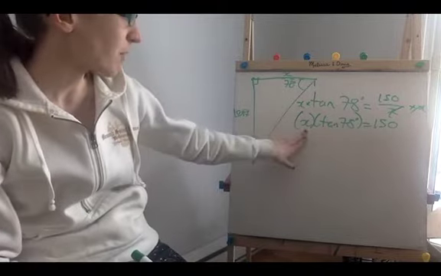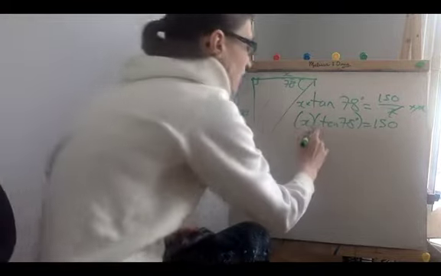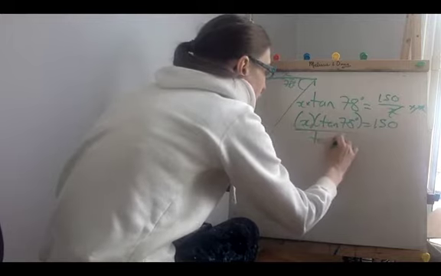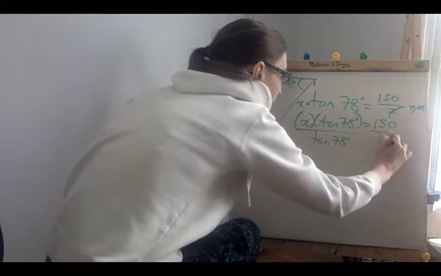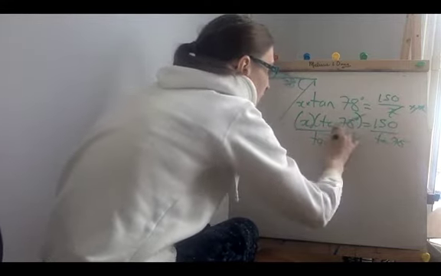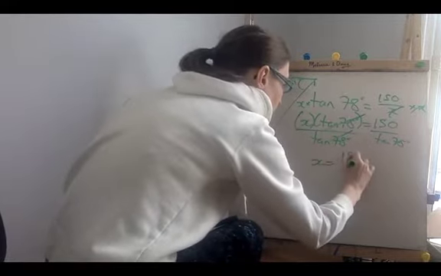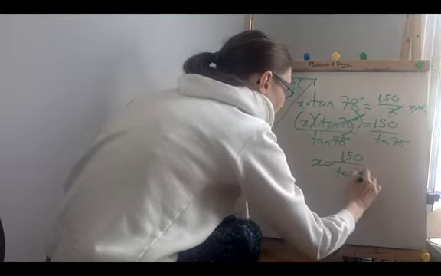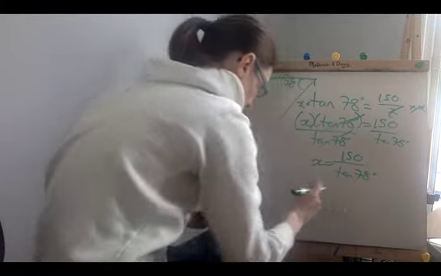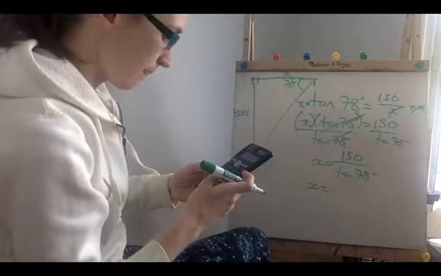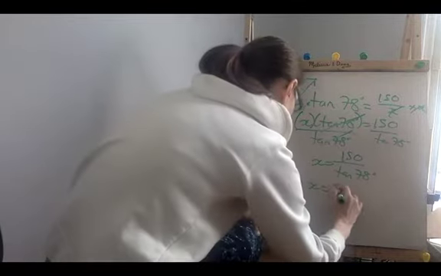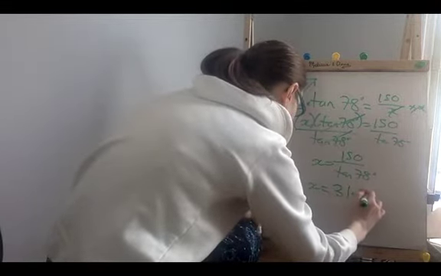Now you want x by itself, it's being multiplied by tan of 78, so to do the opposite, you divide both sides by tan of 78. So that's what x is going to equal. So x will equal 150 divided by tan of 78 degrees, and you get a value of 31.9.